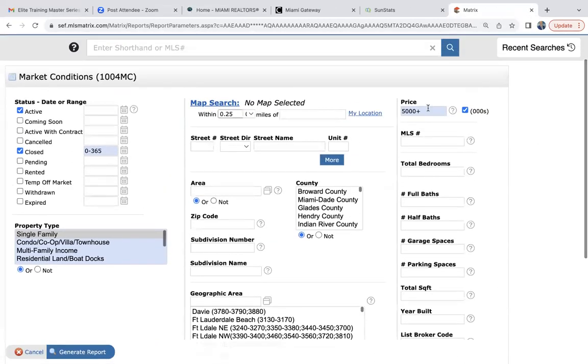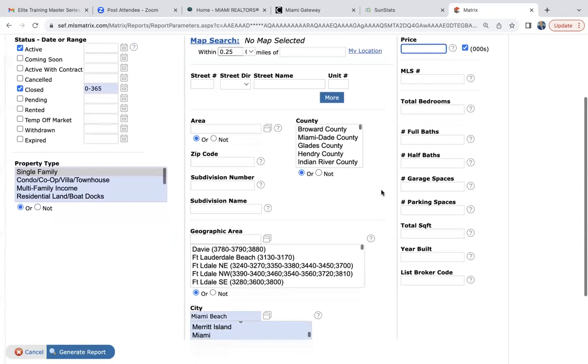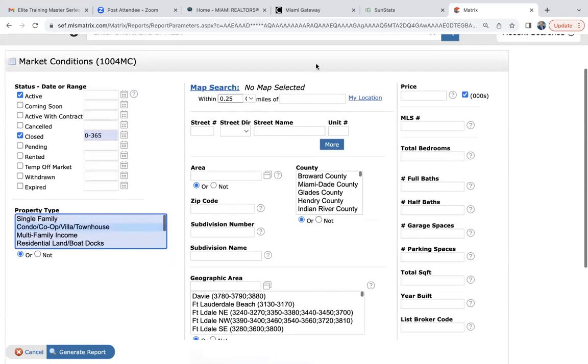Now, I'm going to erase this price range here, and we're going to make some minor adjustments to our criteria. This time, we want to do condos. All right, we want to do condos, and let's say that we wanted to do condos under $1 million. We're going to go here to price, and we're going to put in 1,000 minus.